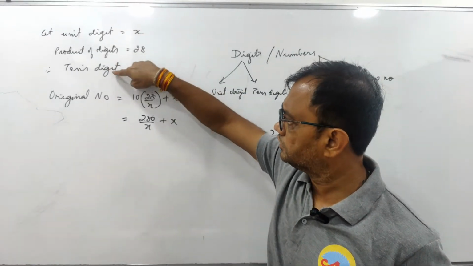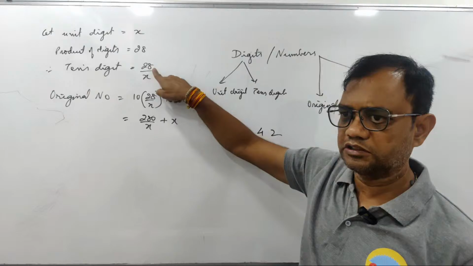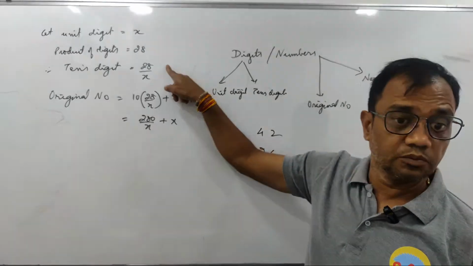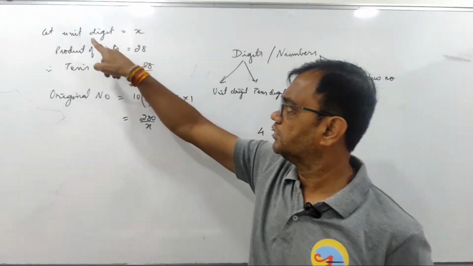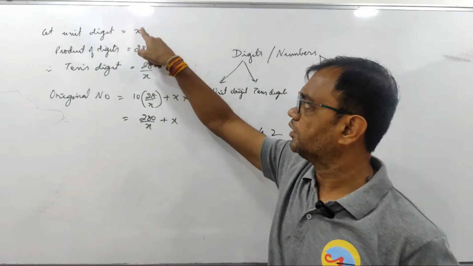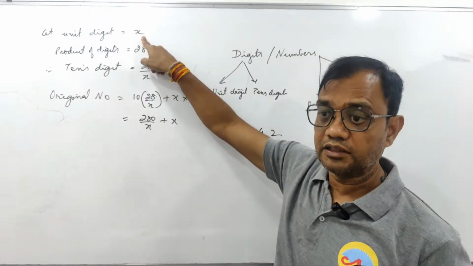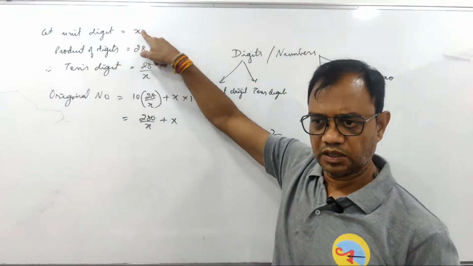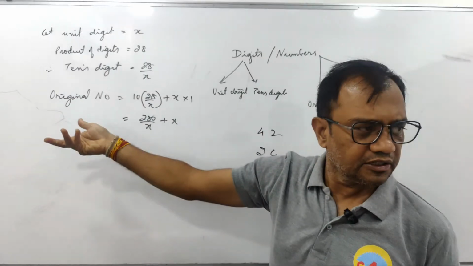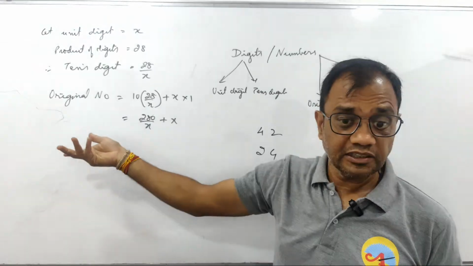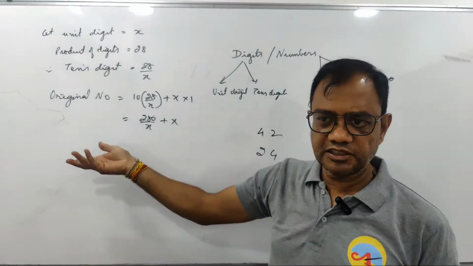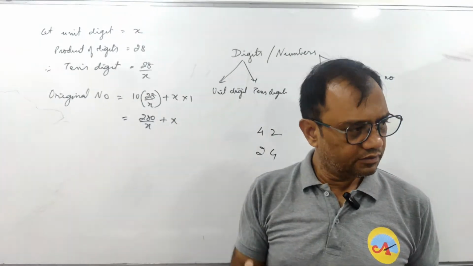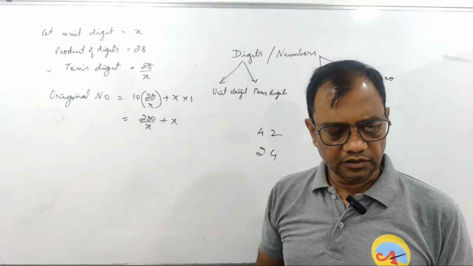So when the tens digit becomes the unit digit, you multiply it by 1, and when the unit digit becomes the tens digit, you multiply it by 10. Tens digit you multiply by 10, and unit digit you multiply by 1.